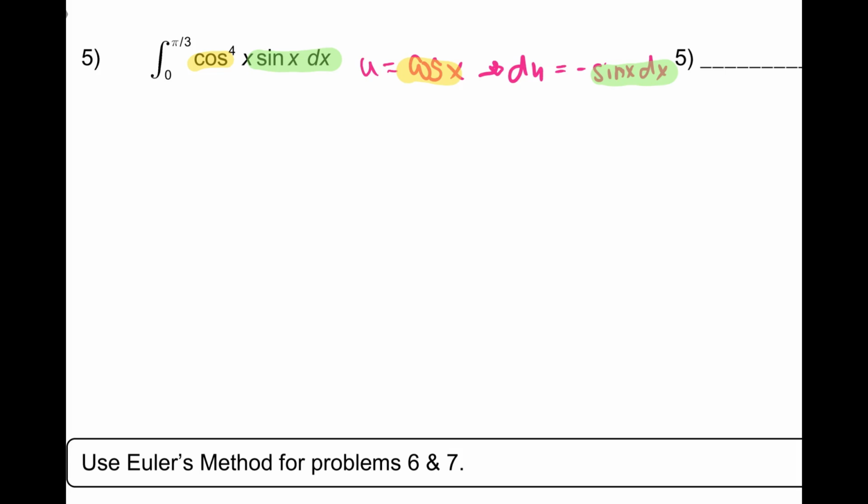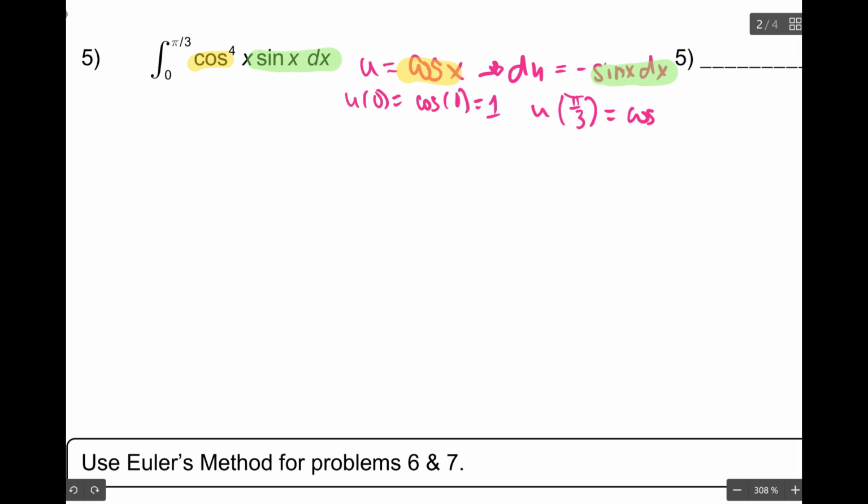I could change the bounds because that would make it easier. Yeah. So u of 0 is 1, and then u of pi over 3 is 1/2. Let's see, pi over 3 is 60, cosine 60 is 1/2, yeah. Cool. I just had to look at the triangle in my head.